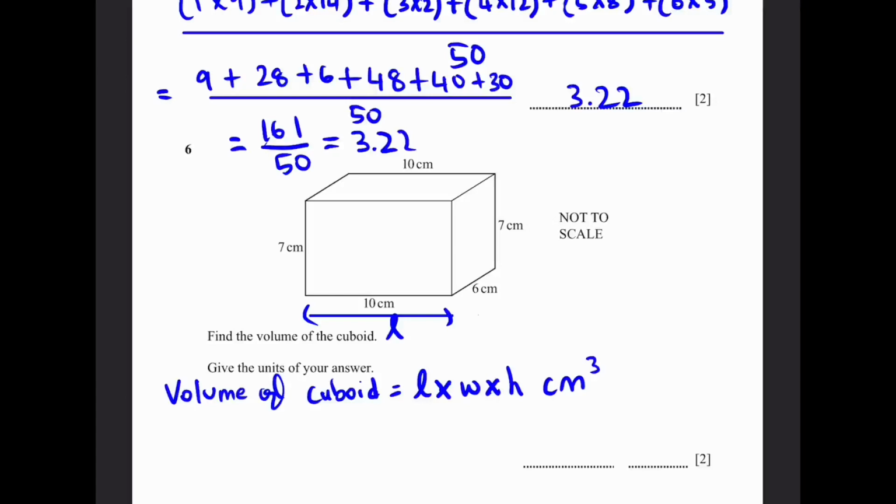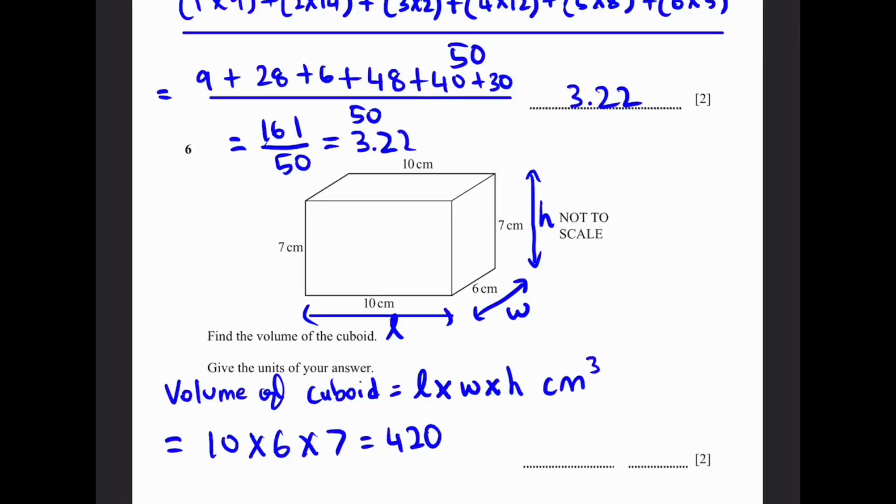The width is 6 centimeters. And the height, 7 centimeters. So the volume will be 10 multiplied by 6 multiplied by 7, which is equal to 420 centimeters cubed. Remember to write the units properly, or else 1 mark is gone for that.